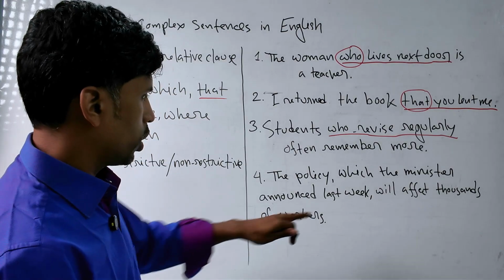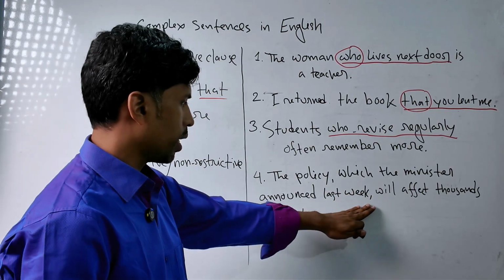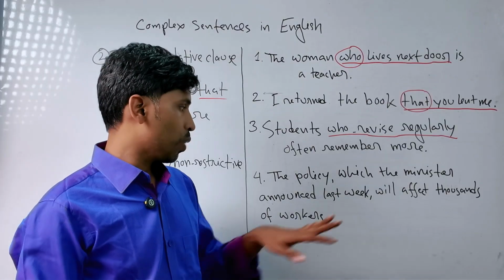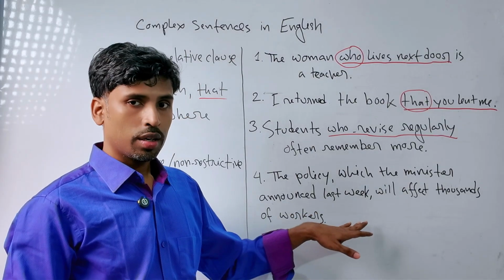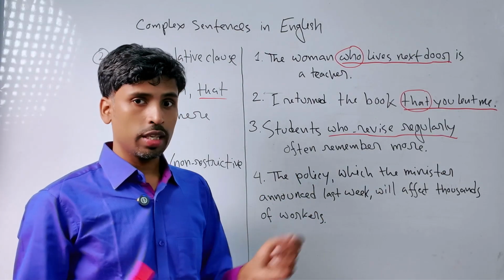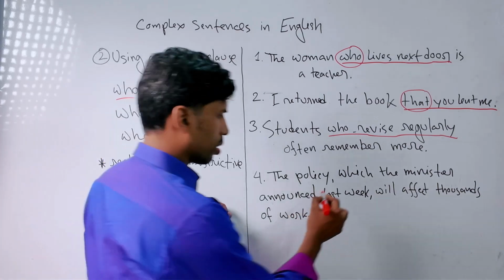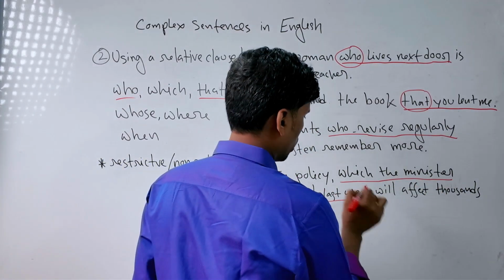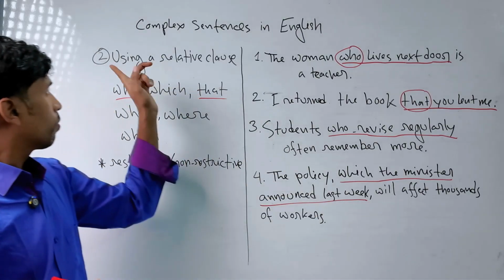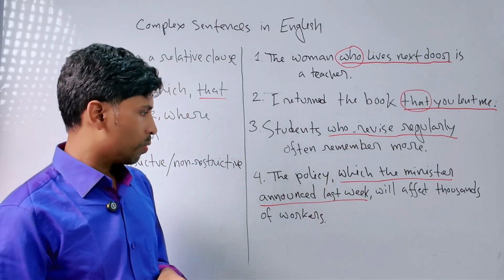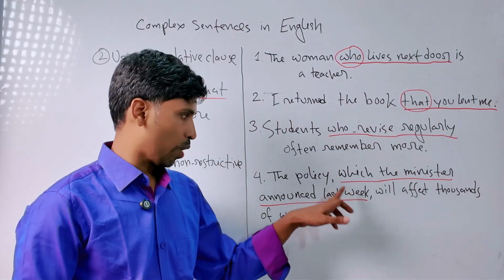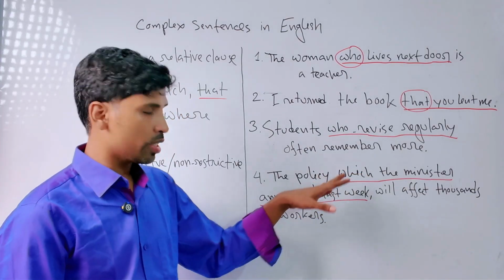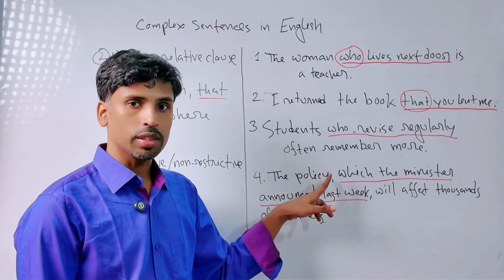The policy, which the minister announced last week, will affect thousands of workers. Which one here is the relative clause? It's easy to notice, right? So this is our relative clause. Now we can see that there are commas here, one comma here and another comma here. So this clause is set off by two commas, right?